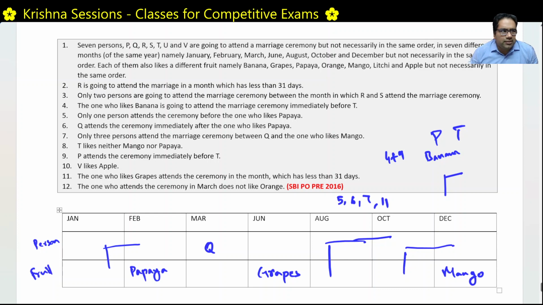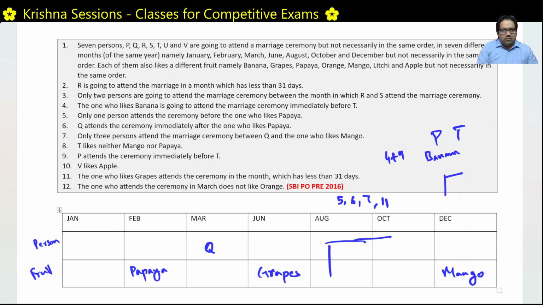Now 4 plus 9 condition. There is one more condition which is 8, which says T likes neither mango nor papaya. What does that mean? This cannot be T. This cannot be T. So this structure is gone. This structure is also gone. We are left with only one structure. So let's erase this one. This is gone.